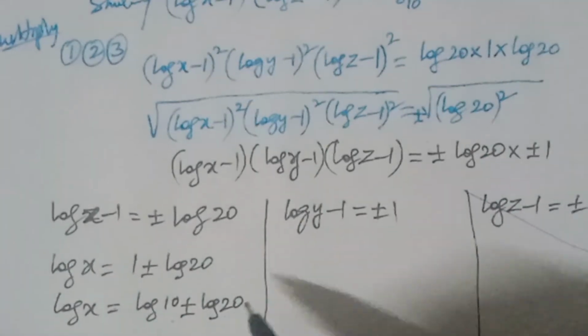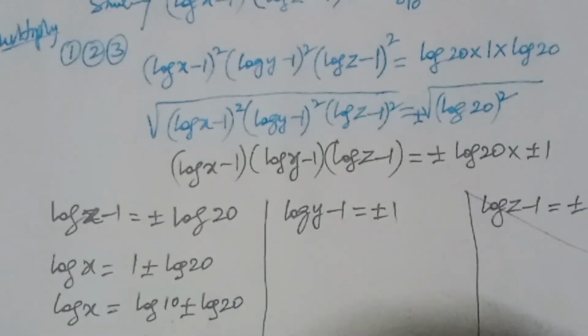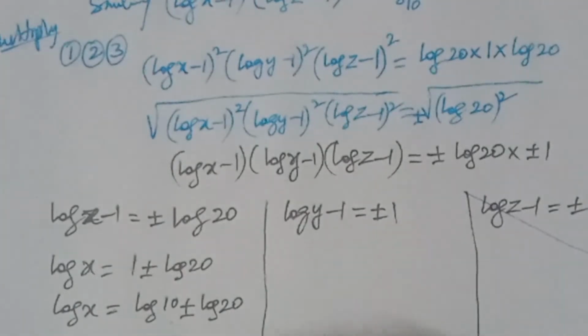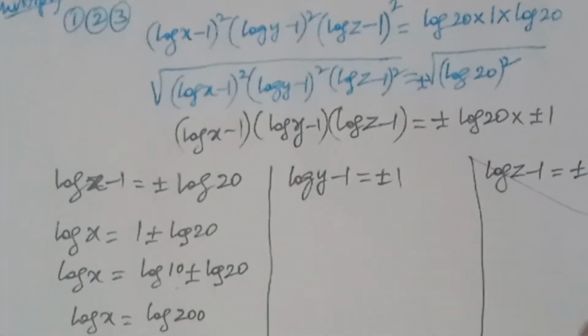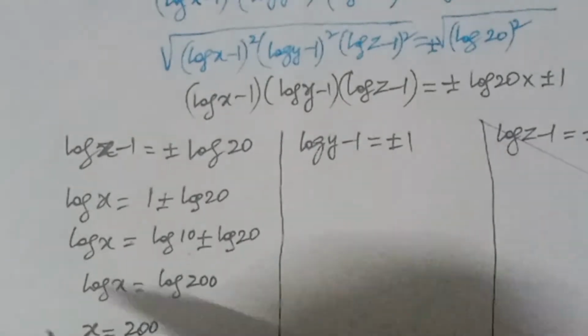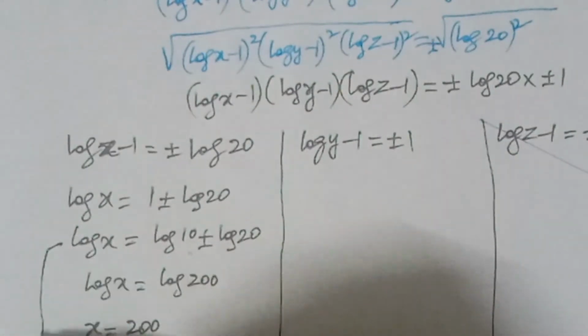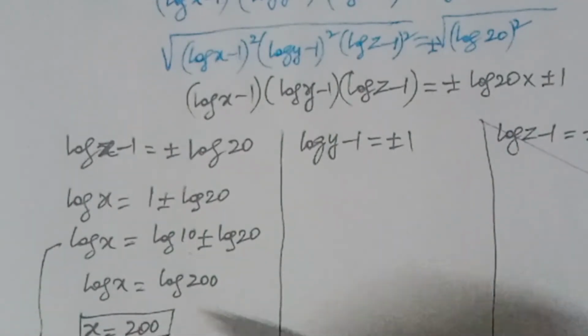So here you will get log x is equal to log 200. So here x is equal to 200. So here if you take a negative, you will get another case. So here you got x equal to 200.